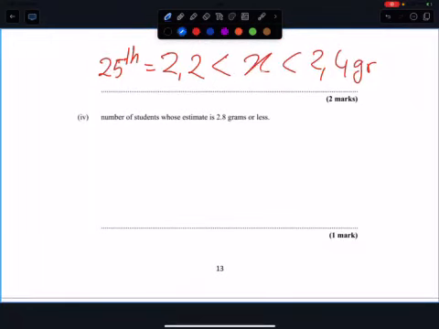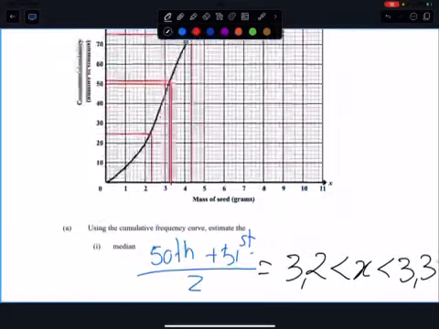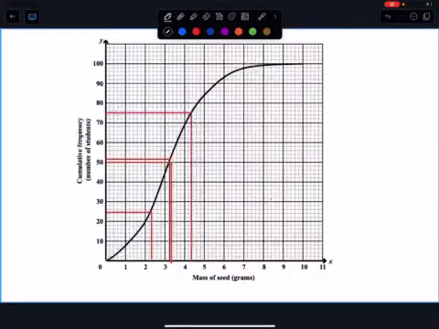Number of students whose estimate is 2.8 grams or less. So, what are you looking for? 2.8 grams, which is here. And then you go there. This was pretty specific.